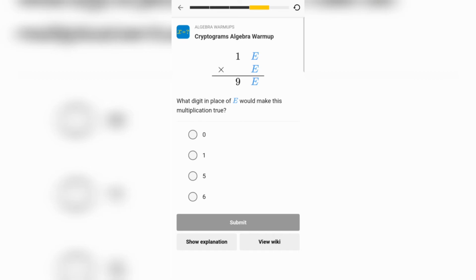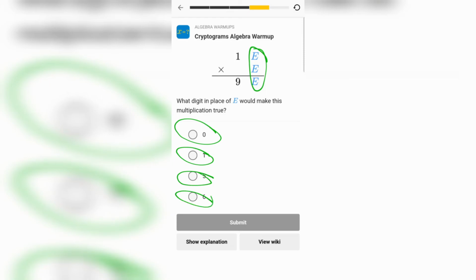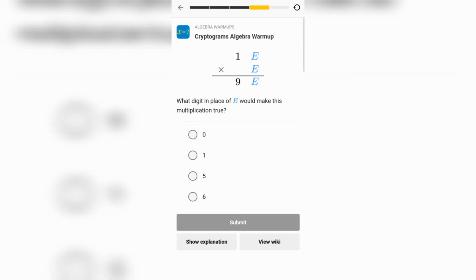This one, 1E times E. In this case, we have a multiplication: 1E times E equals 9E. All of these E's are the same digit. It could either be 0, 1, 5, or 6. But it cannot be 0, because 10 times 0 is 0.